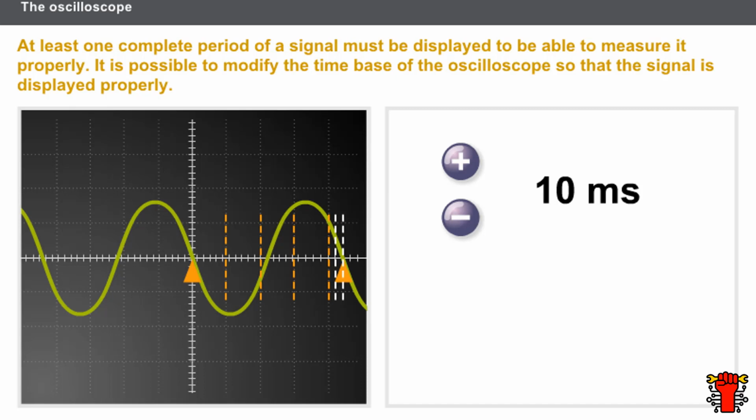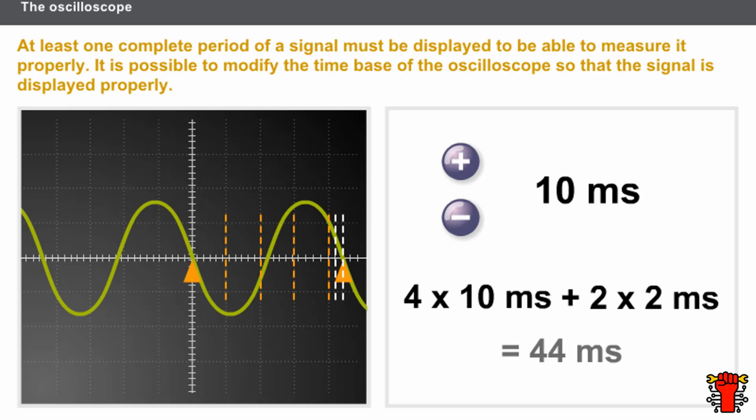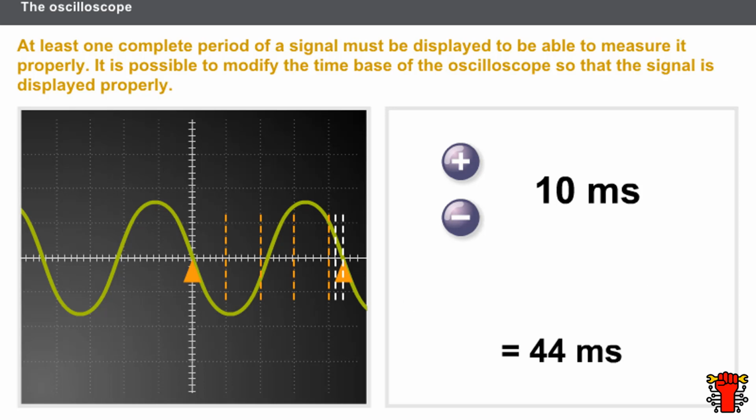The time base is 10 milliseconds per division, i.e. 2 milliseconds per graduation. The period is therefore 4 times 10 milliseconds plus 2 times 2 milliseconds, which makes 44 milliseconds. When you change the time base, you do not change the signal, only the way it is displayed.